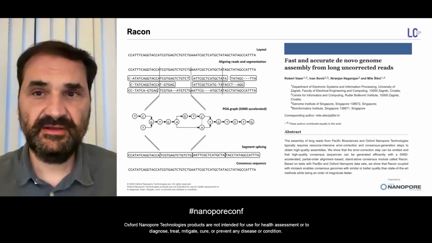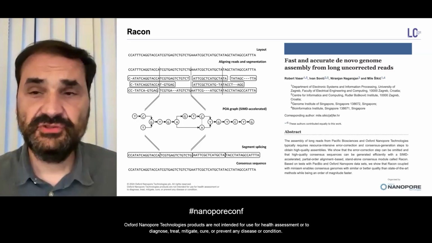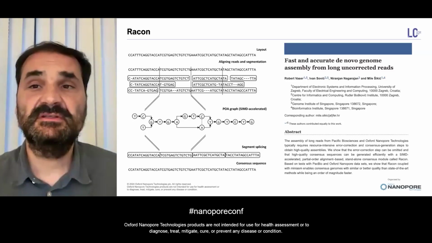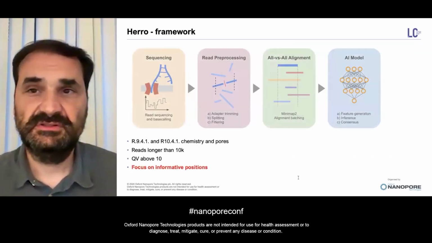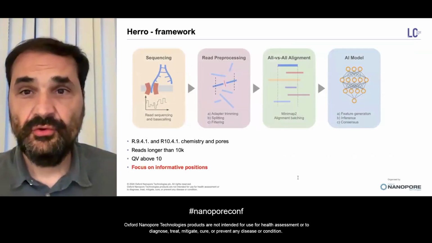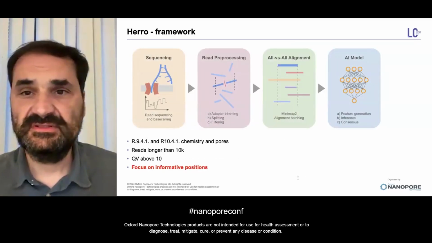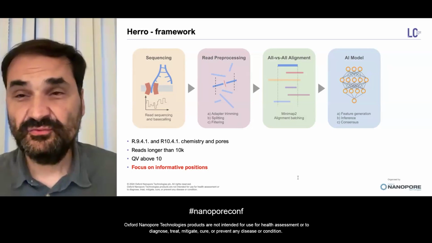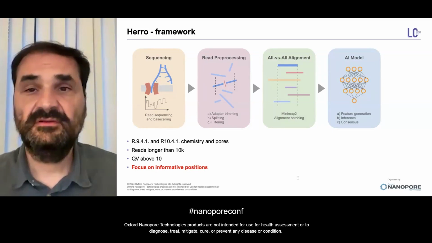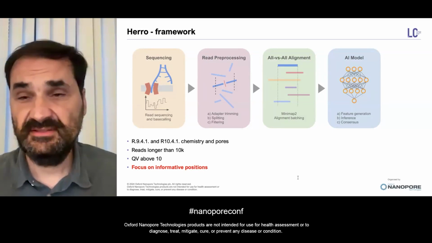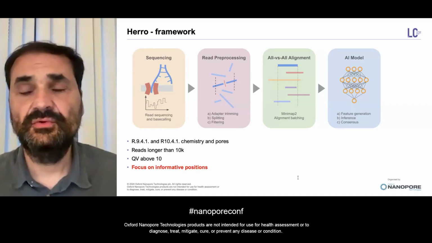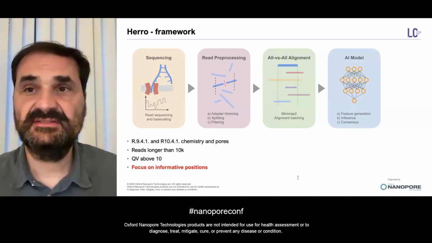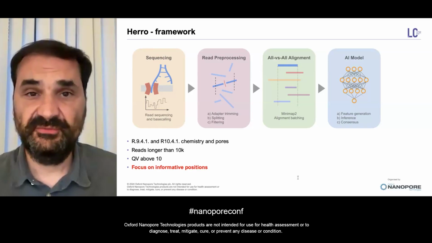Once we have the multiple sequence alignment, we just stitch all of these resolved windows together. However, for HERRO, we needed to use some AI to not correct the important positions in segments or positions related to haplotypes, and we call these positions informative positions.